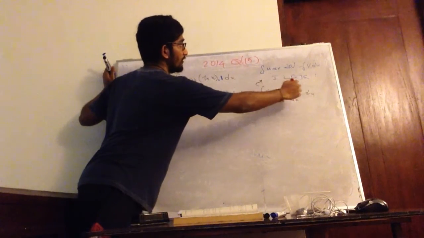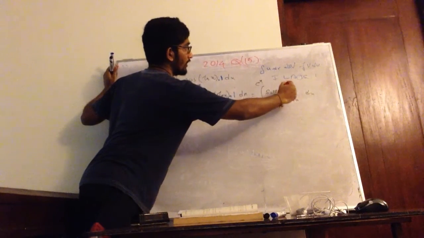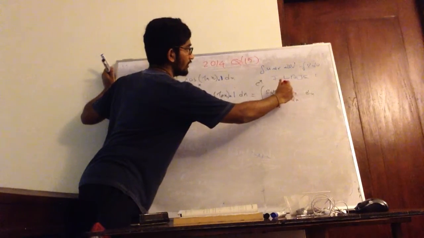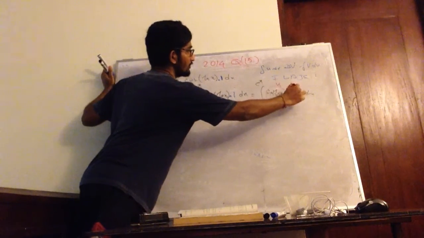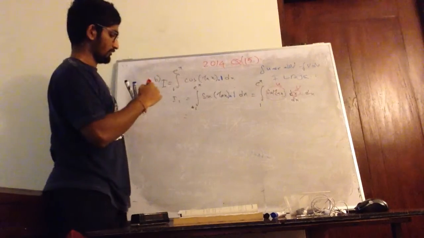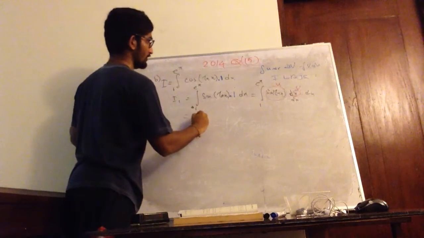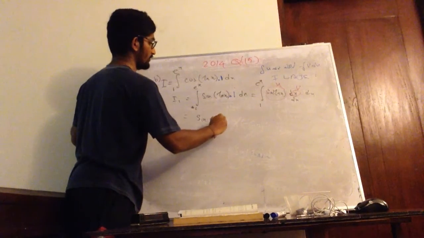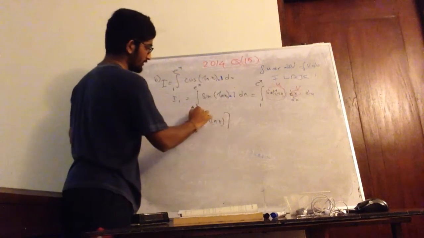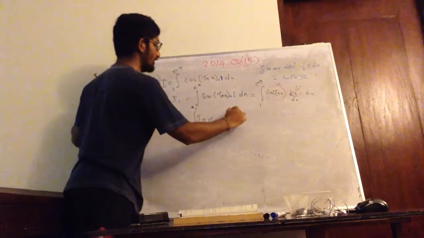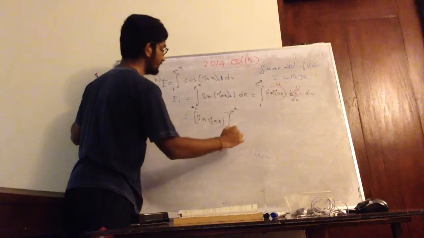So again, this is u, this is v, right? So then you get sine ln x times x. So again these should have the limits here.